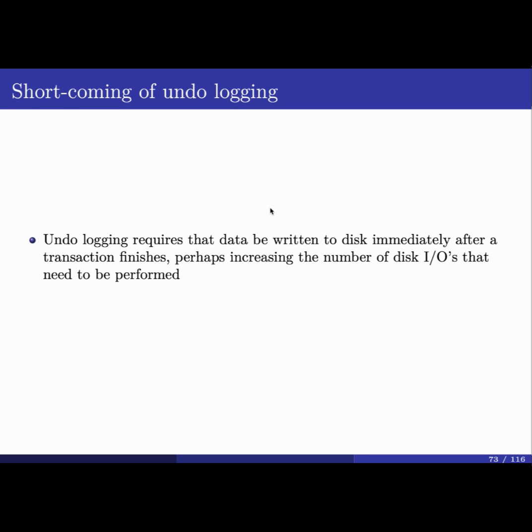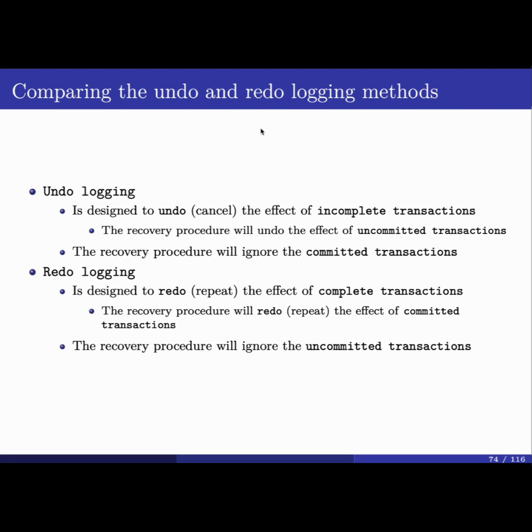We can use what is called the redo logging method. I need to compare the two to see what the difference is. Undo logging is designed only to undo, cancel, or roll back the effect or update of incomplete transactions.